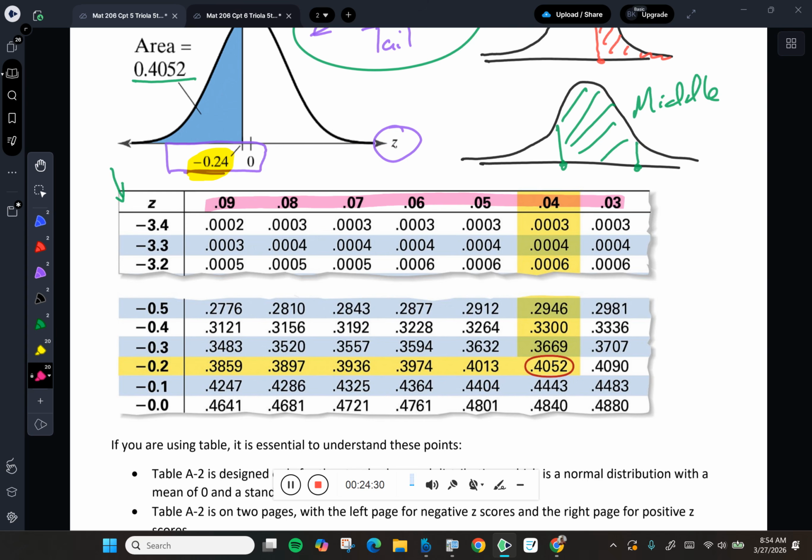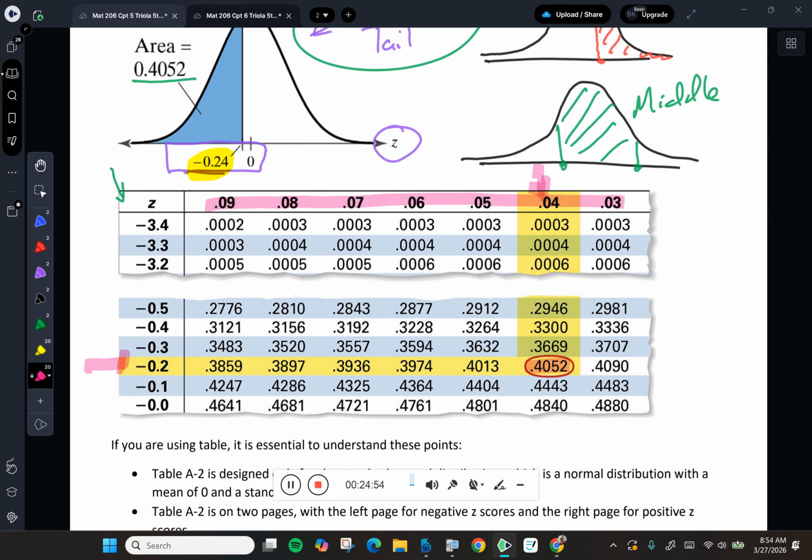Because of this, most problems are always going to have a z-score to two decimal places. Then you find the row and the column that make your z-score. Since we're looking for negative 0.24, we take the negative 0.2 row and the 0.04 column, and where they intersect, that 4052 gives us our area.